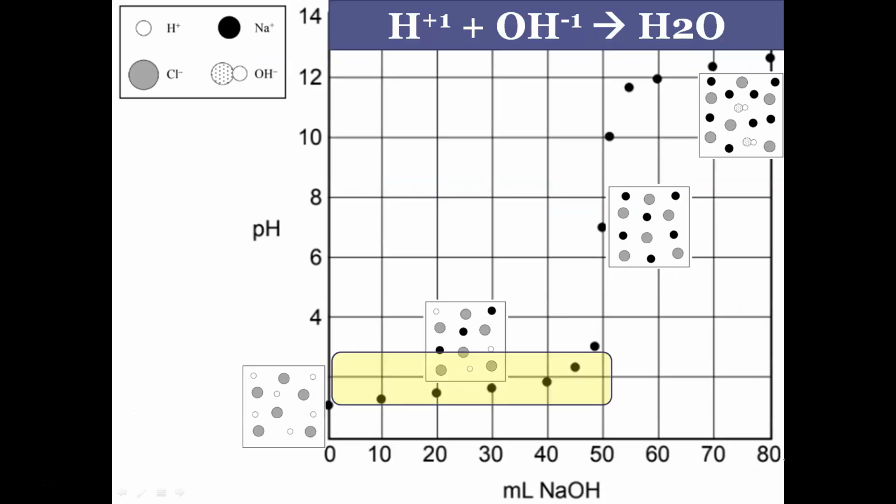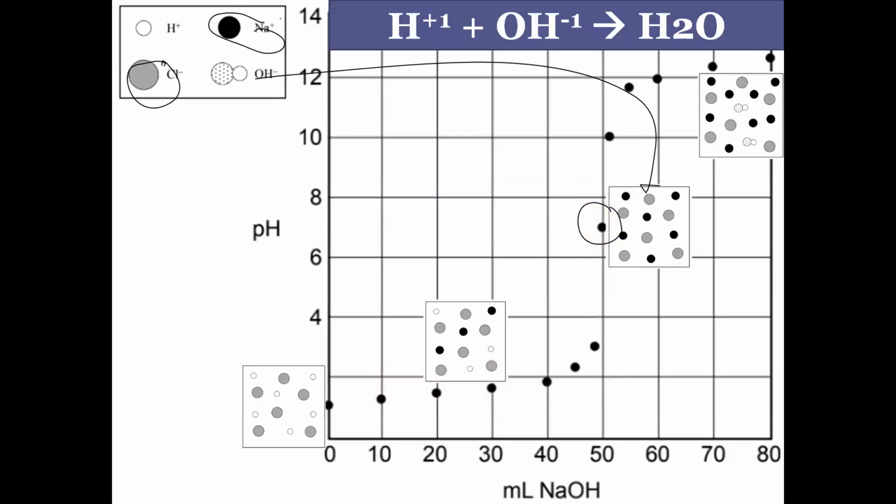So here we go. This is when we had excess acid down here at the bottom of our titration curve. We reached the equivalence point right here when moles of acid and moles of base are exactly equal, and our pH for a strong acid, strong base is 7. And then as soon as we have excess base, as we add more NaOH, there's nothing left for it to react with.